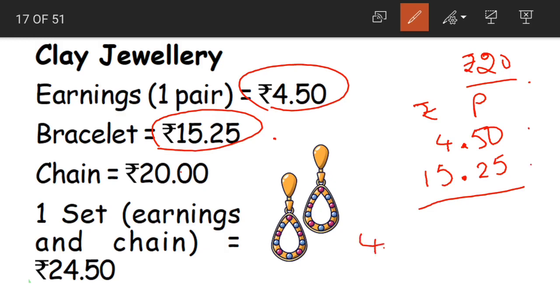I cannot write like this. Wait a minute, I am writing here. See, for 4 rupees 50 paisa the point is here, and for 15 rupees the point is here. We should not write it like this.